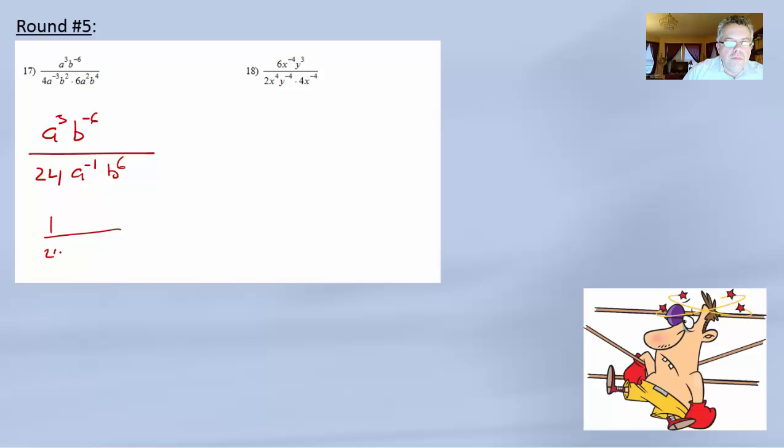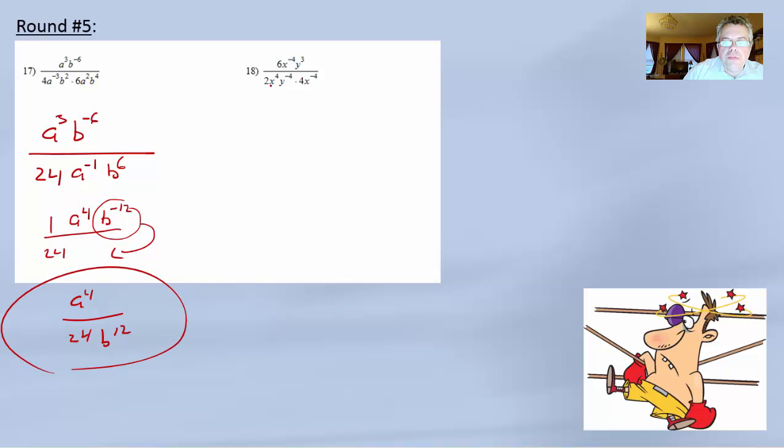So we have 1 over 24. a cubed, or 3 minus the negative 1 is 4, so we have a to the 4th up here. b to the negative 6 minus 6 is b to the negative 12. And then I'm just going to put this guy into the denominator. So I get a to the 4th over 24 b to the 12th.